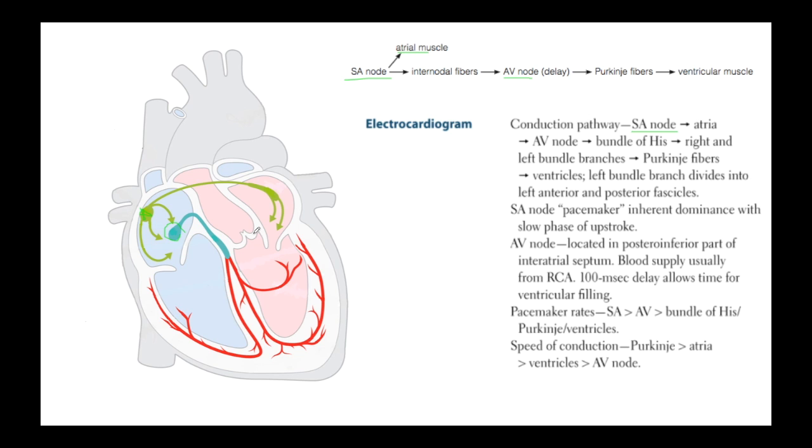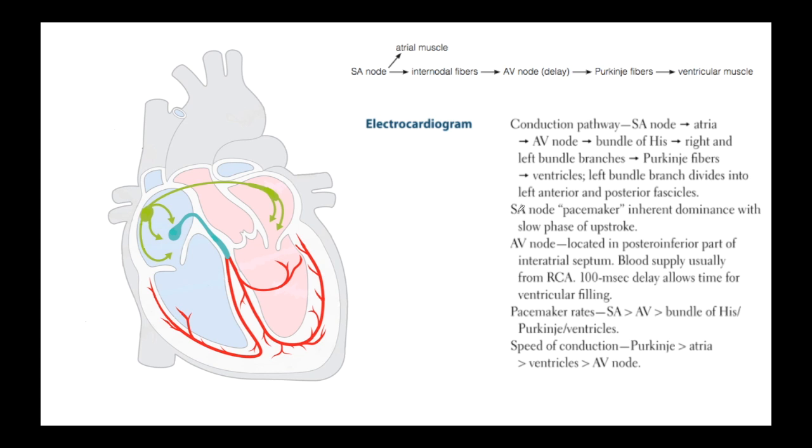The conduction there, like we mentioned before, has a slightly slower rate to allow time for the ventricle to fill up, which then conducts through Purkinje fibers, right down here. So going down the left and right bundle branches that we see here to our Purkinje fibers and to the ventricle to allow it to contract.